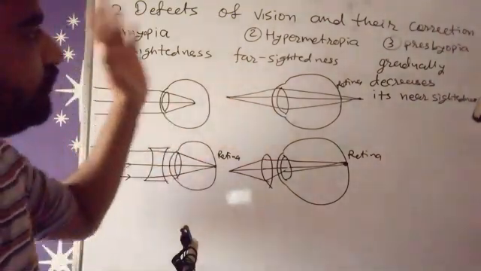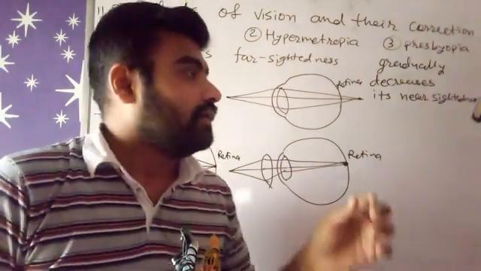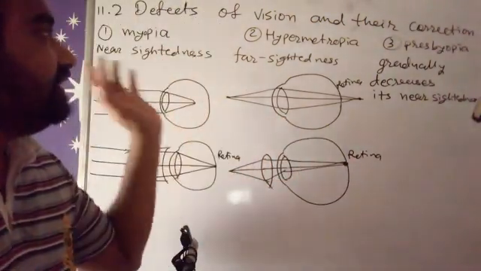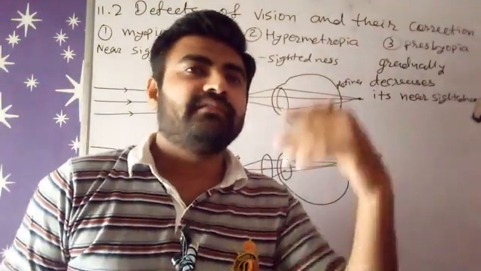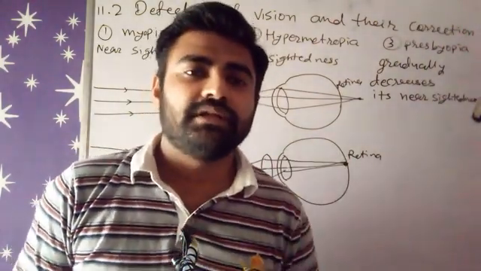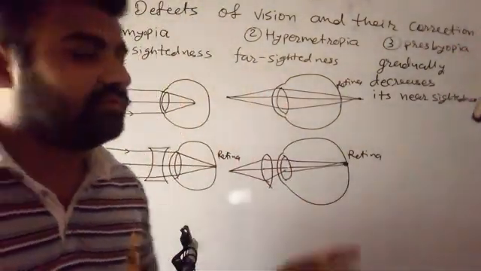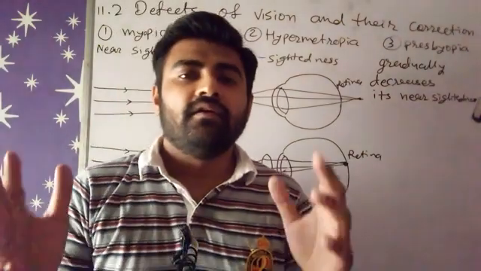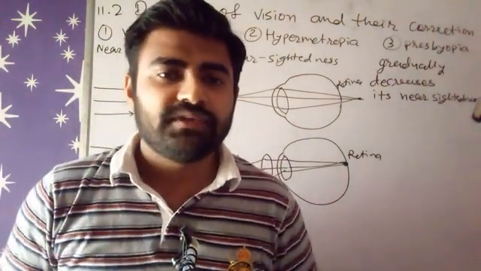If someone has both types of defects, myopia and hypermetropia, because some people have both problems, they can't see nearer objects as well as farther objects because their power of accommodation decreases. That's why they have to use both types of lenses. So we can form a spectacle where they see nearer objects through one lens and farther objects through the other lens.